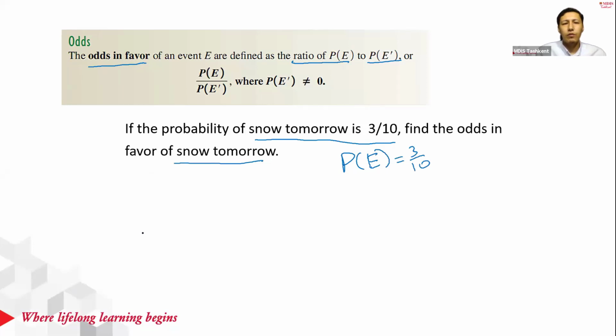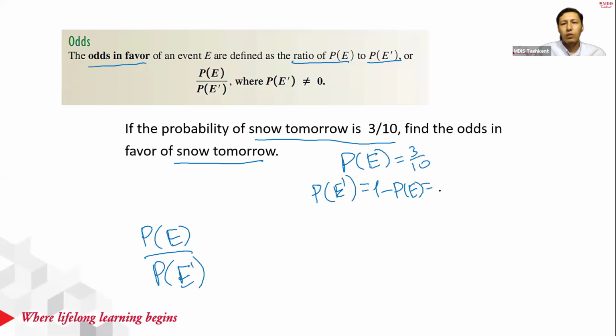So we have to find what? P(E) over P(E complement). So we can find P(E complement) using the complement rule: 1 minus P(E), that's equal to 1 minus 3 over 10 equals 7 over 10. This is the probability of no snow tomorrow.